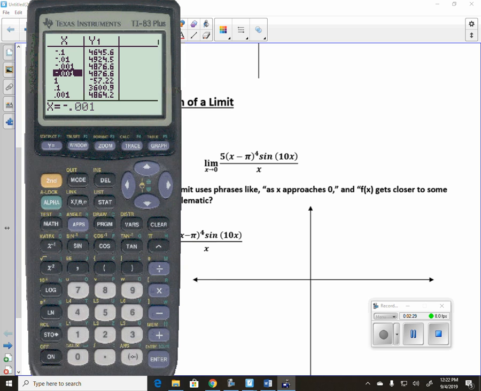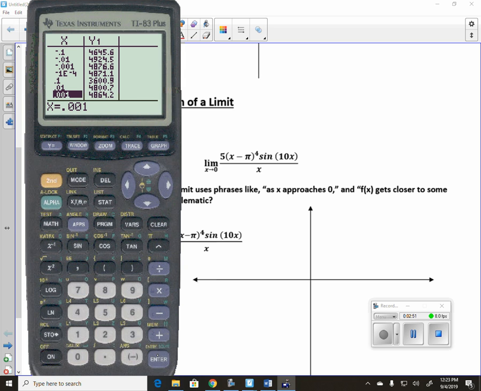If I try negative 0.0001, looks like negative 4,870 something, huh? Maybe if I try from the positive side, I try 0.1, 0.01, 0.001. Looks like that 4,800 is probably a pretty important spot, isn't it?